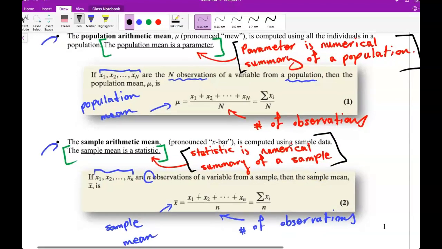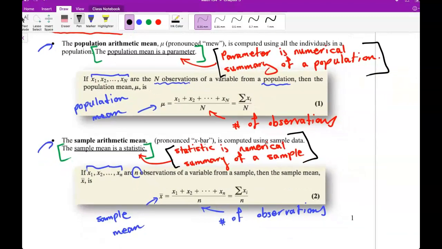Okay, so we have these two for this part. Here again, exactly the same thing. Sample starts with S, and that is statistic.